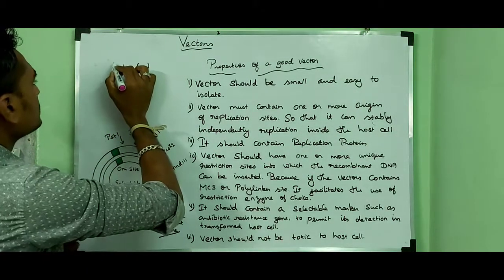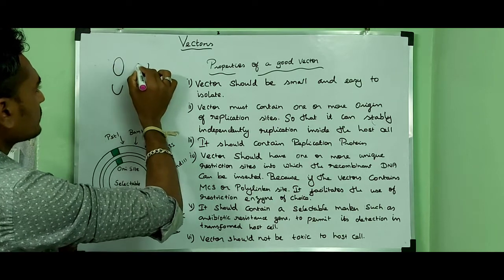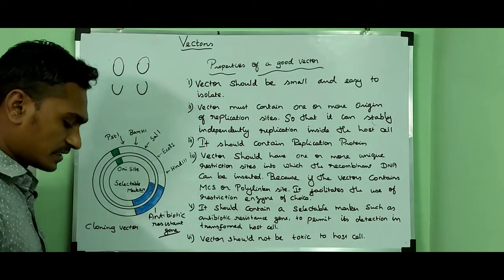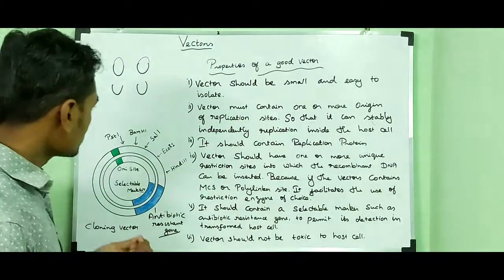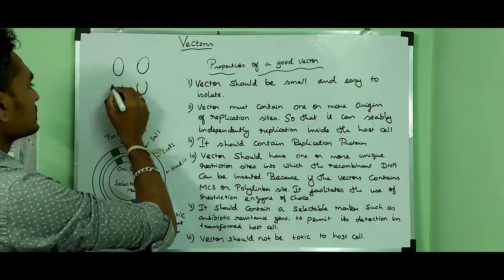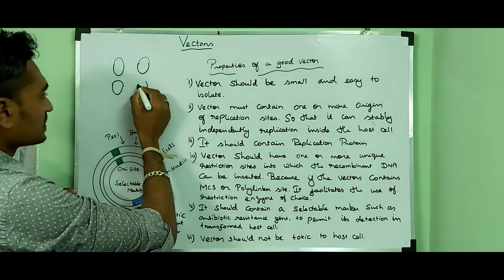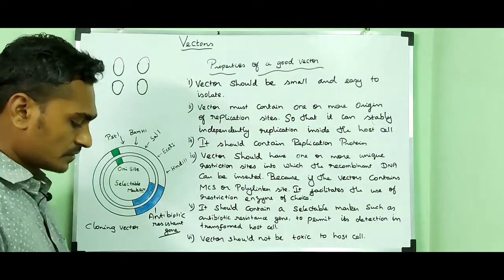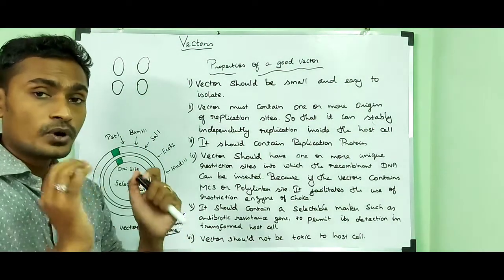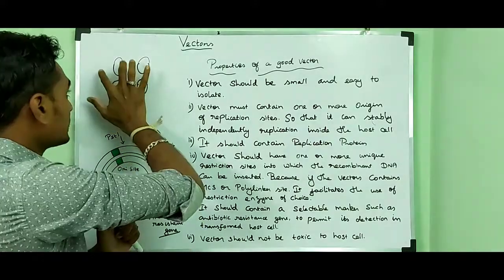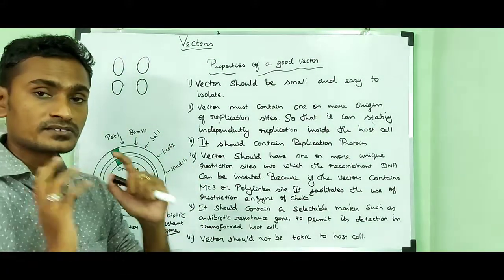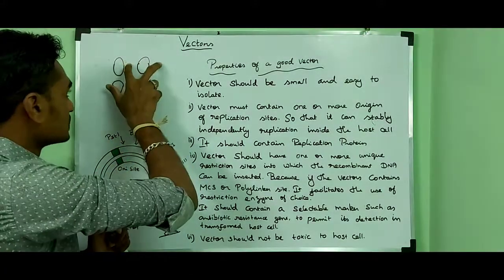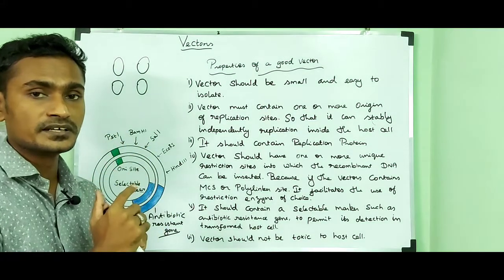Then the gene of interest gets ligated with the help of DNA ligase. At that time, some plasmids get self-ligated. But we need to isolate only the transformed cells, that means the recombinant DNA.